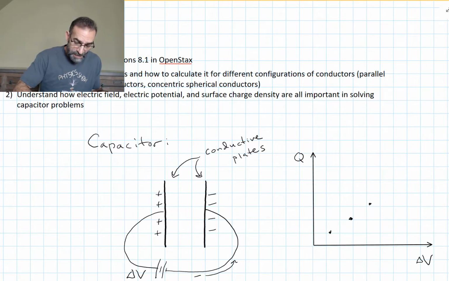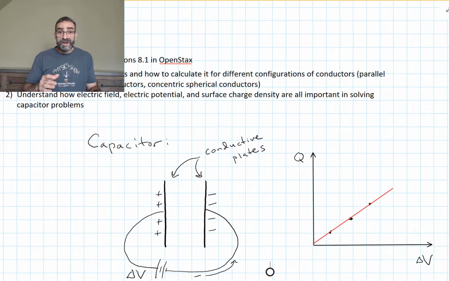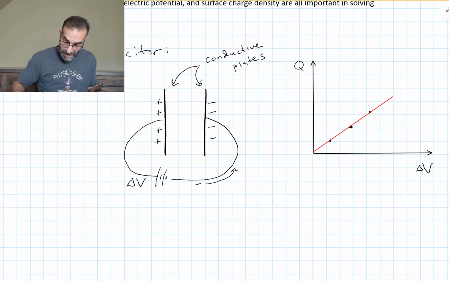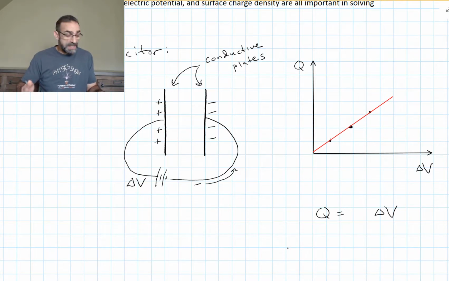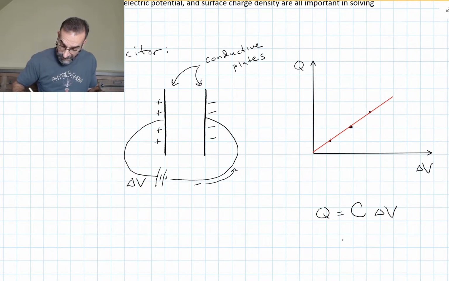What we end up with is a curve that looks something like this. The charge that gets transferred from one plate to the other is proportional to the potential difference that our battery, or our DC power supply, is supplying. The charge is proportional to delta V. We want to put an equal sign here, so we need a proportionality constant.